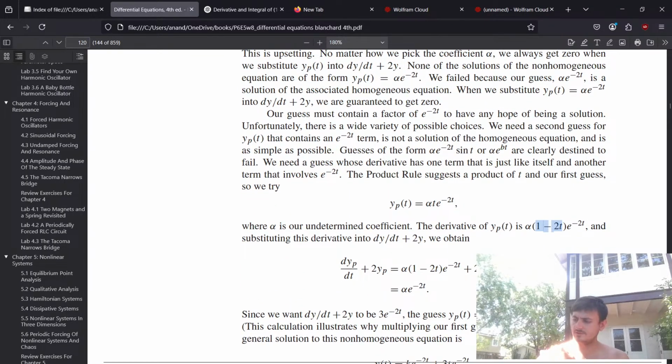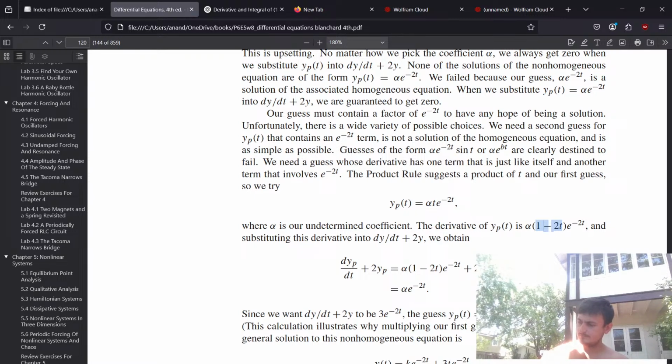Wait, so what is my solution then? Because then we get 3e to the minus t.